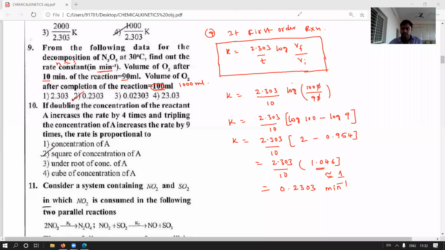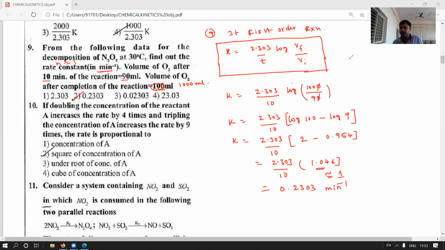Okay, students, clear? So whenever N2O5 is decomposed to produce NO2 and O2 gas, at 10 minutes 90 ml of O2 gas is present, but after completion of the reaction that O2 gas becomes 1000 ml. So 1000 ml is the total volume of O2 formed, that is Vf. But at 10 minutes, how much O2 is formed is the reverse equation we need to take.